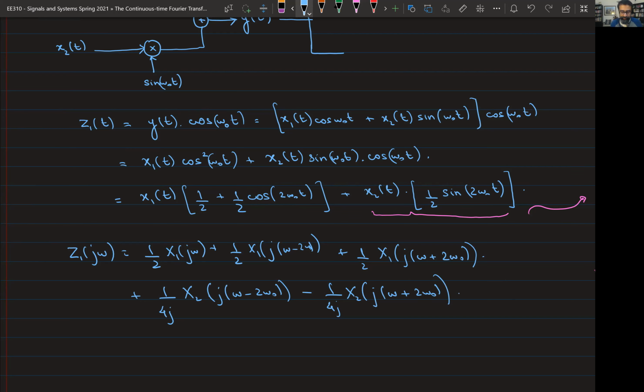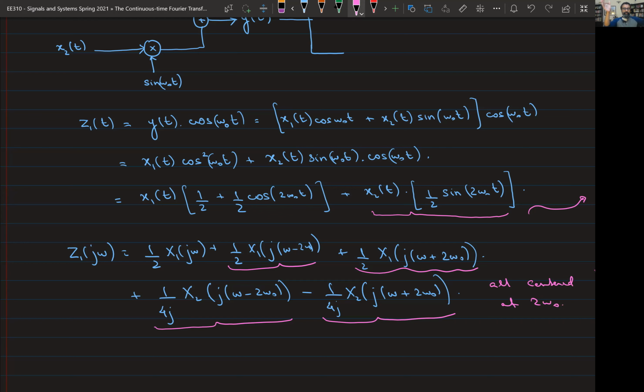Right? So can I now filter out X1 of j omega from here? And the answer is yes, right? So all of these components here are high frequency components. They're all centered at 2 omega naught, right?